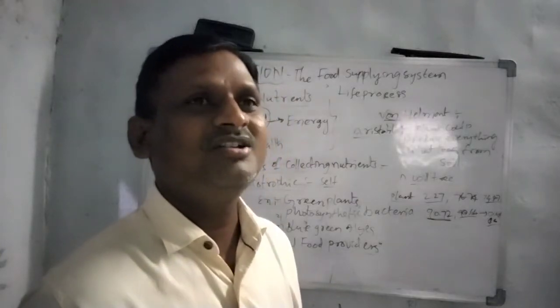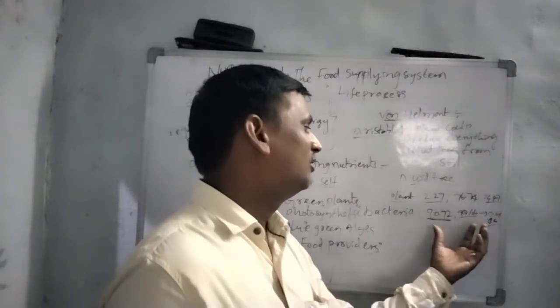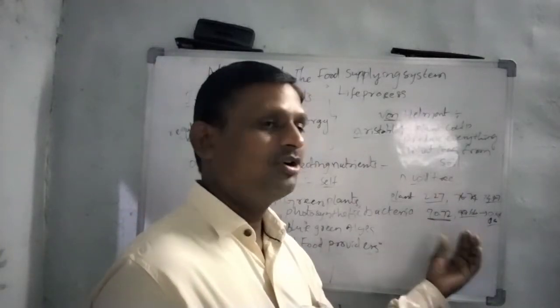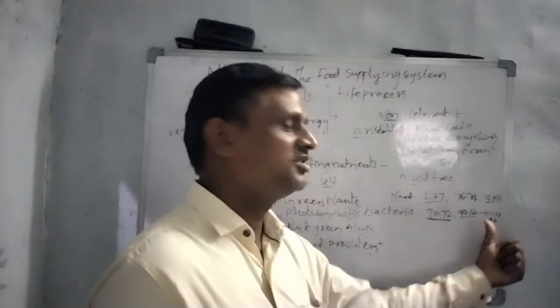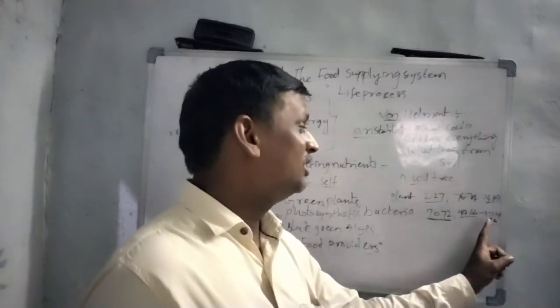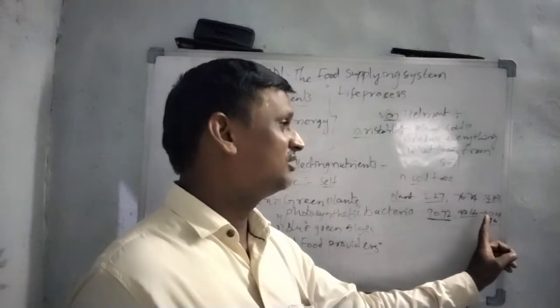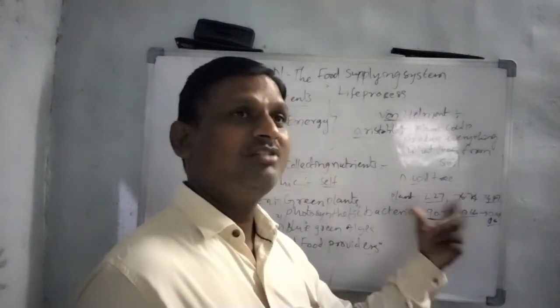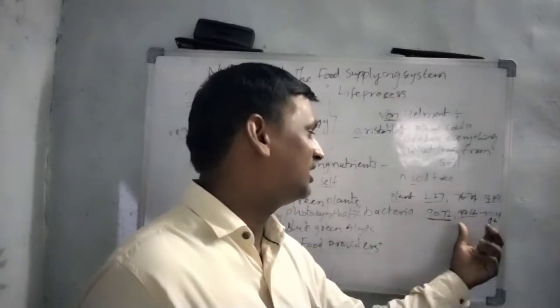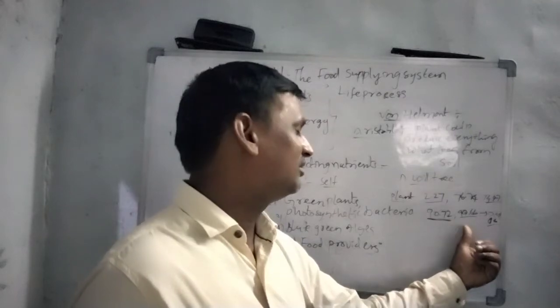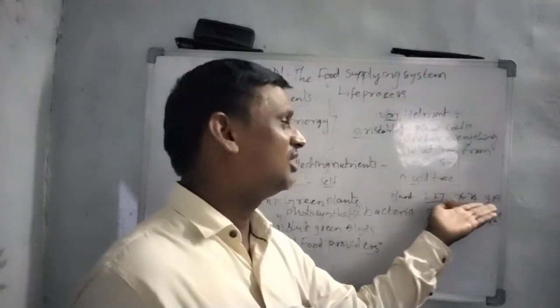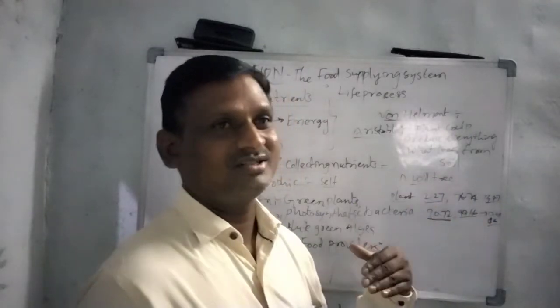Only 0.06 grams of soil, that means of water and minerals, was used. If only 0.06 of minerals and soil water was utilized by the plant, then how could this much weight increase in the plant?